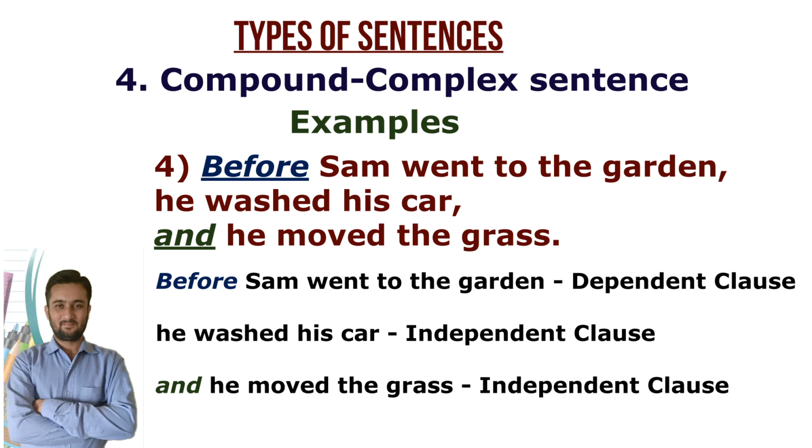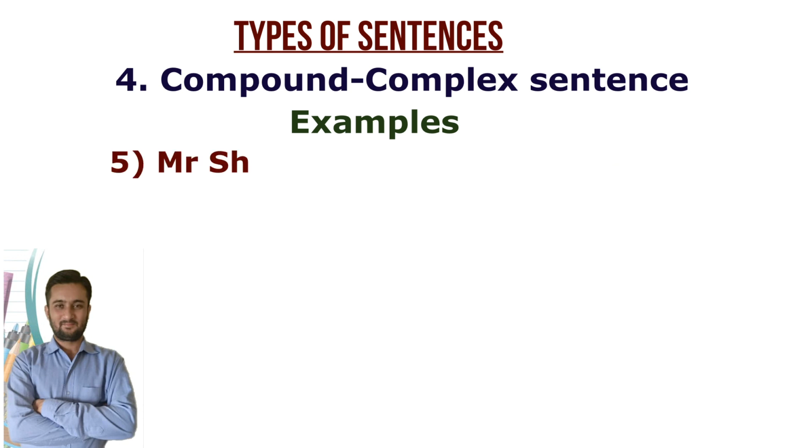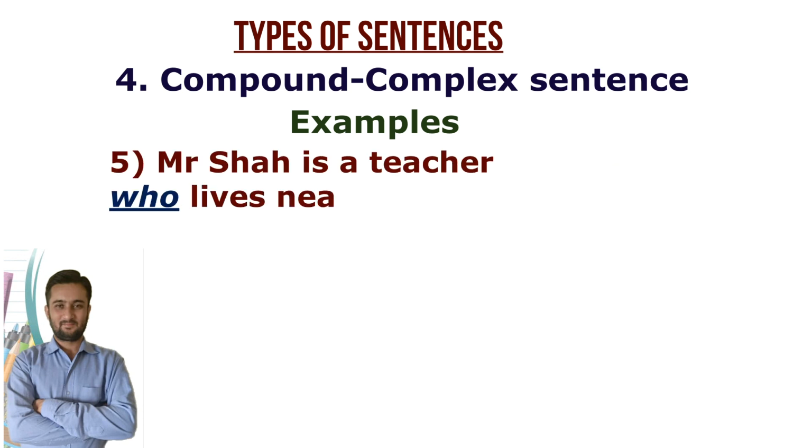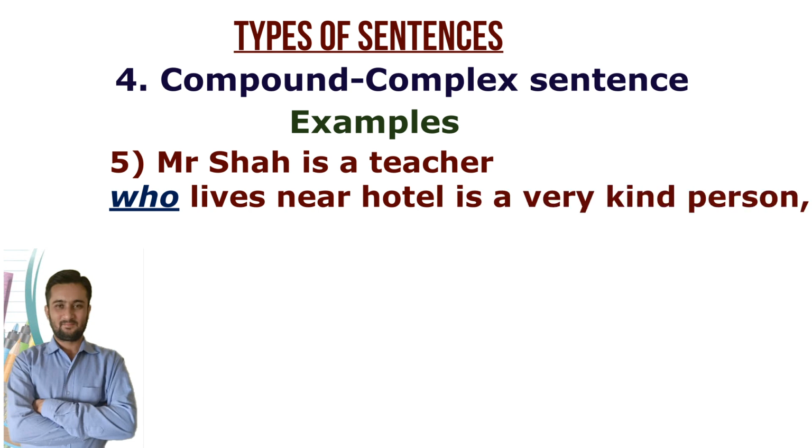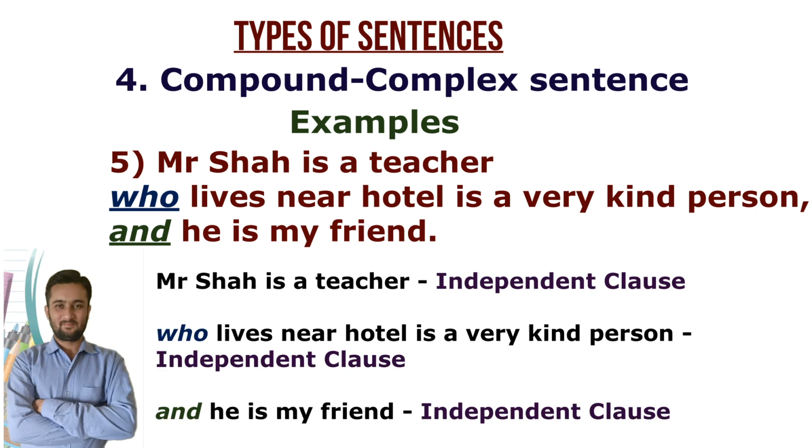And last one is Mr. Shah is a teacher who lives near hotel, is a very kind person and he is my friend. Now you guess in this example which part is dependent part and which part is independent part. Yes, first part Mr. Shah is a teacher, that part is independent. Second one, who lives near hotel is a very kind person. Now this sentence starts with the subordinating conjunction word who.